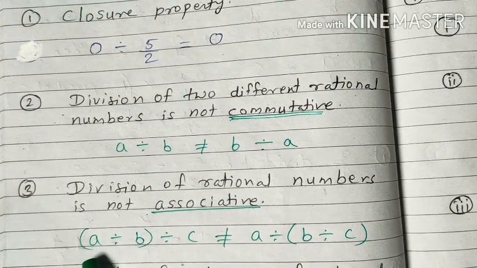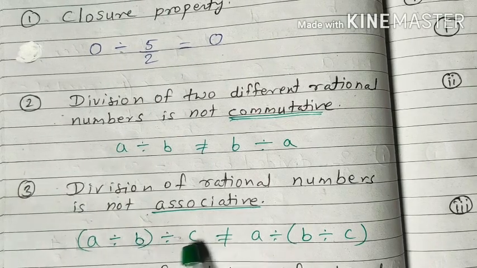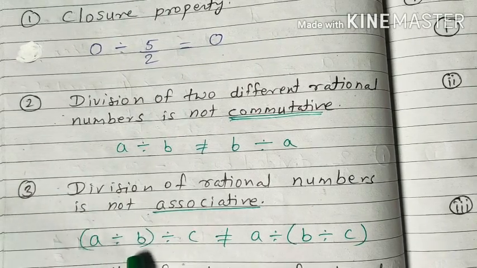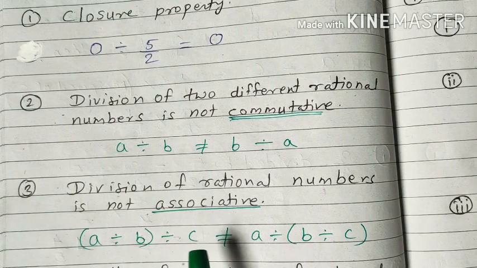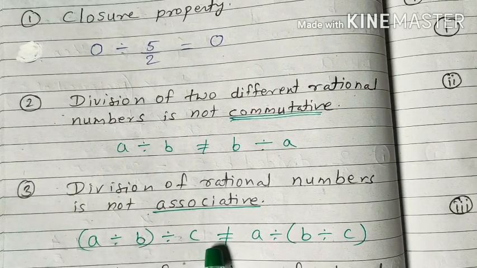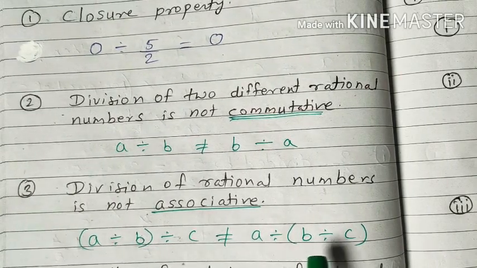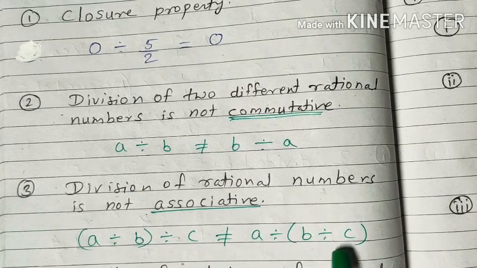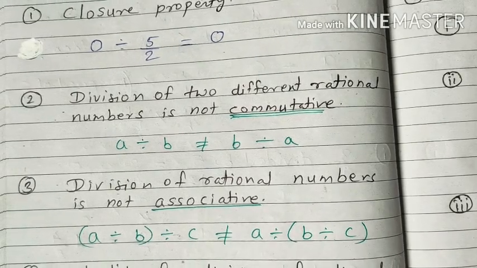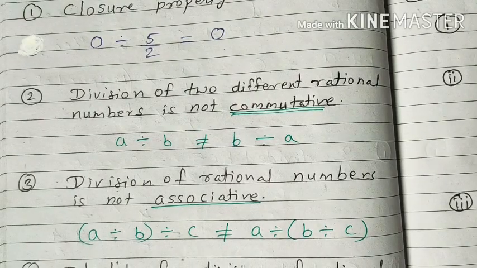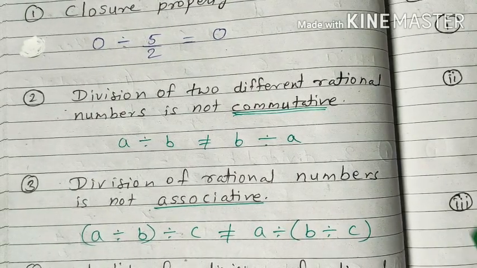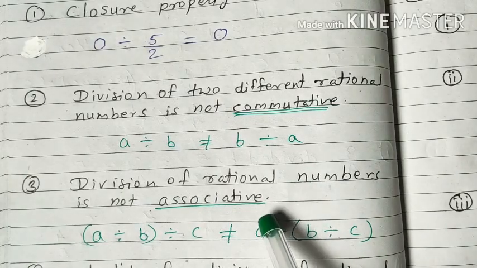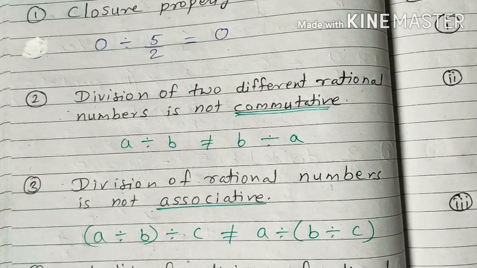It means if three rational numbers are A, B and C, and we divide the first two numbers and then divide that result by the third number, it is not equal to the first number divided by the division of the last two numbers. So division does not show commutativity, and it also does not show associativity.